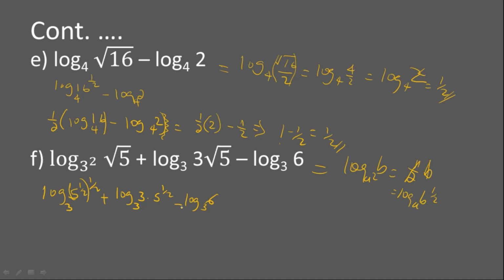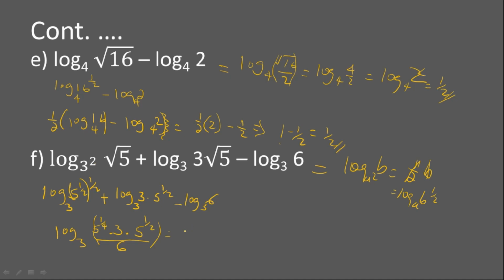Since we have the same bases, we can combine them. This means 1 over the power of 1 over 4, the logarithm of 5 to the power of 1 over 4 times 3 times 5 to the power of 1 over 2, divided by, since this is minus, 6 to the base 3. These numbers should be inside the bracket.